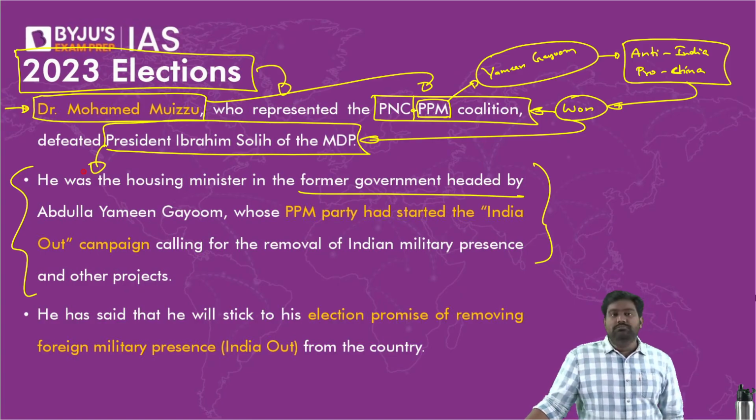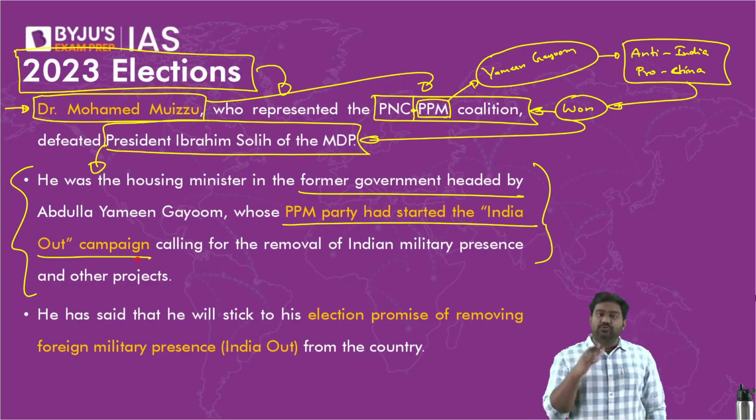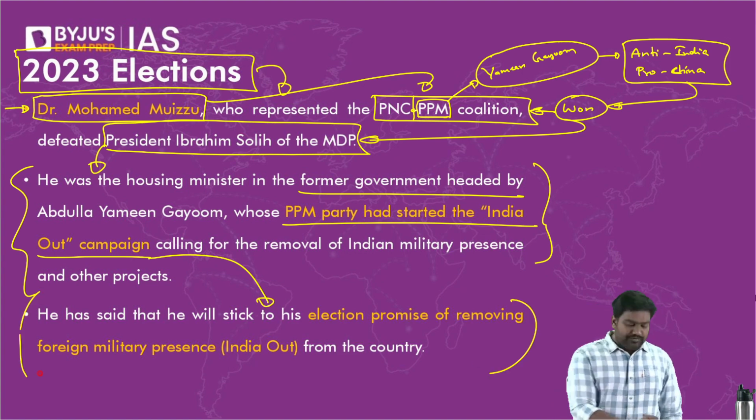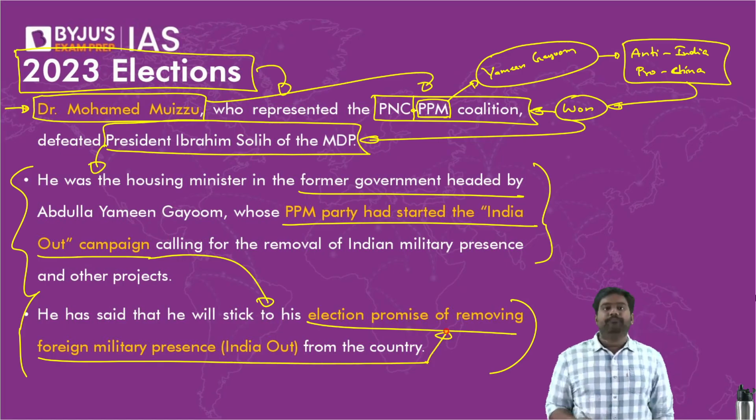So Dr. Mohamed Muizzu, during the campaign, had openly called for the India Out campaign. He supported Yameen Gayoom's India Out campaign. He had said even before elections that if he is elected to power, he will throw Indian troops out of the country.